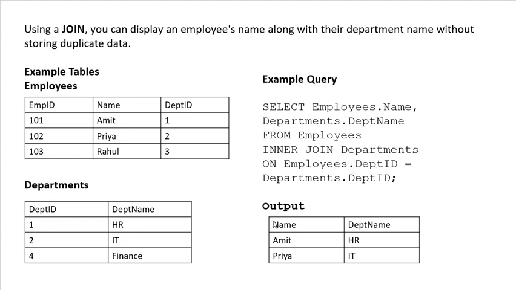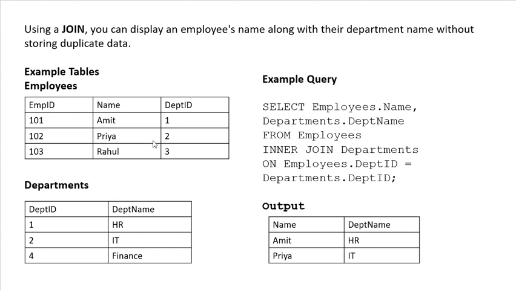The table prints the names and department names. First is Amit. In the employee table, Amit's department ID is 1, so we find department ID 1 in the department table, and the department name is HR, so Amit's department is HR.